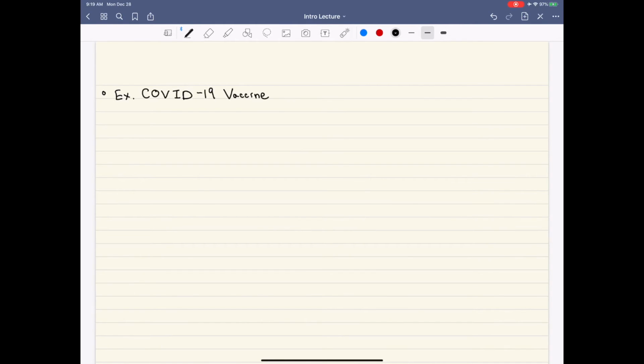Okay? All right, and so just to give a very, very simplified primer on the COVID-19 vaccine. A coronavirus is a virus which has these little spikes on the surface.